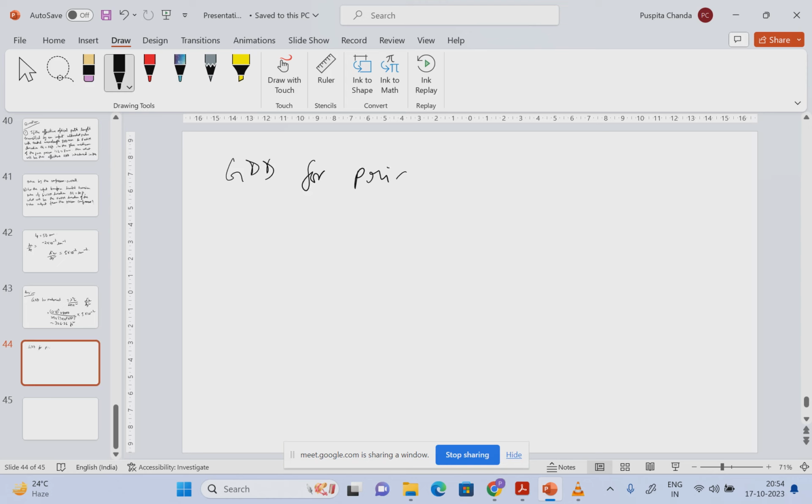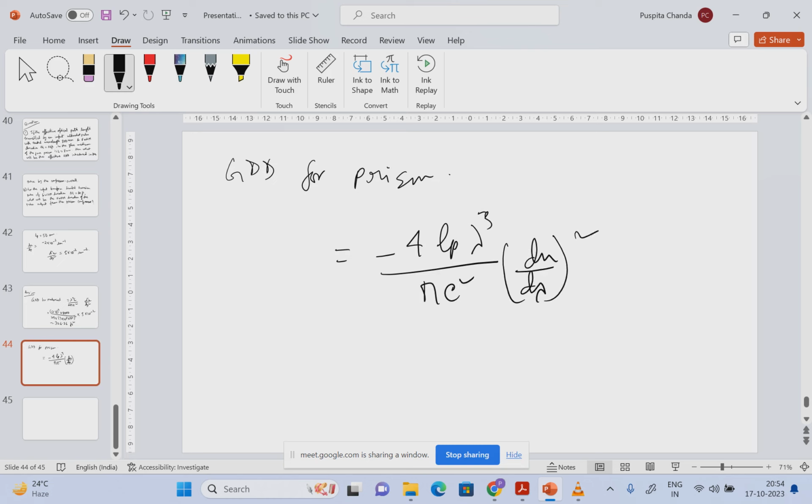GDD for prism is minus 4 L_P lambda cube by pi c square, dn by d lambda whole square.